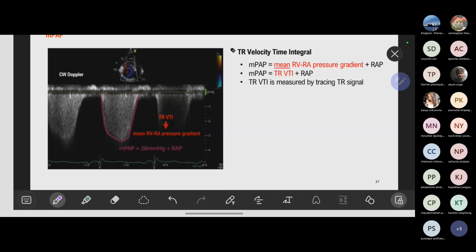So mean pulmonary artery pressure is calculated from mean RV-RA pressure gradient and then plus RAP. And this area represents the mean RV-RA pressure gradient, which is measured by tracing the TR signal, also called TR VTI.